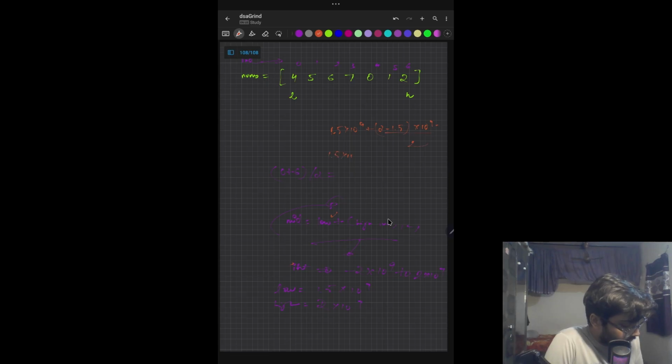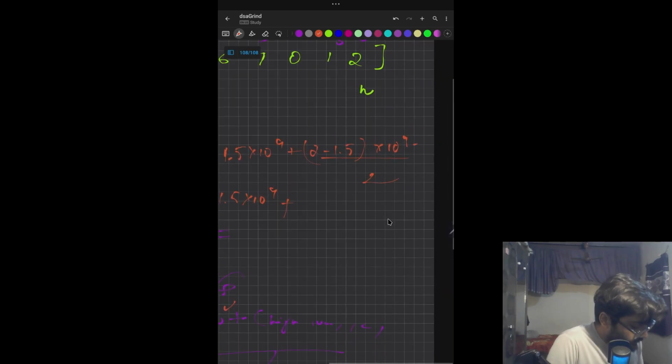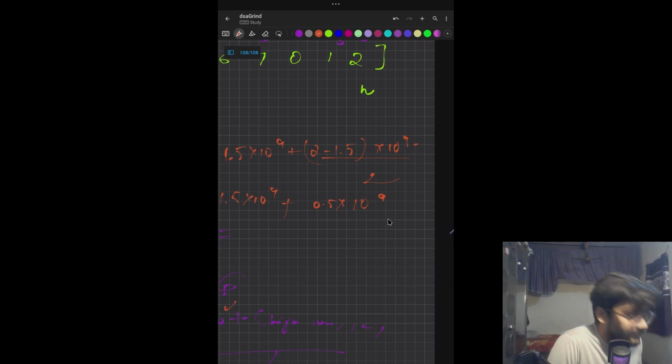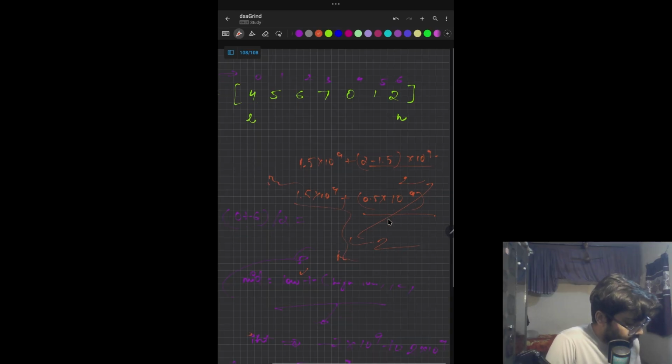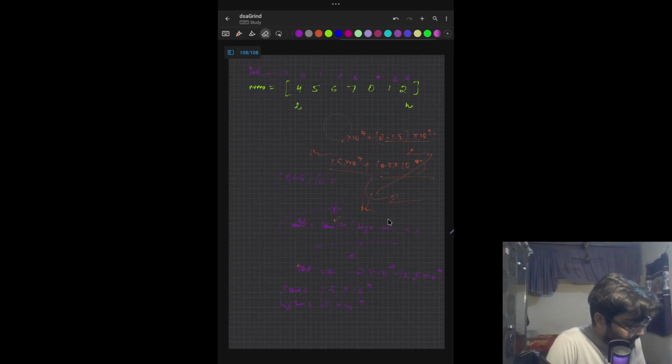Even after dividing by 2, this will stay inside an integer, and there will be no overflow cases here. So it's cool, and everybody should do that always, right?